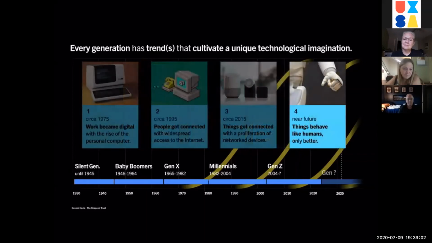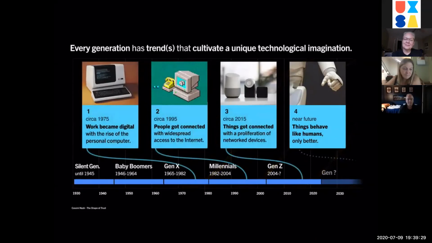And as I look forward, I think that as things got connected in 2015, soon those things will behave like humans, only better. And that is to be described. What I mean by better is more well-behaved than we are. Not necessarily better than humans, but behave better than we do.